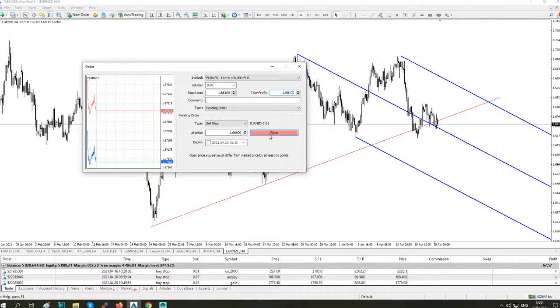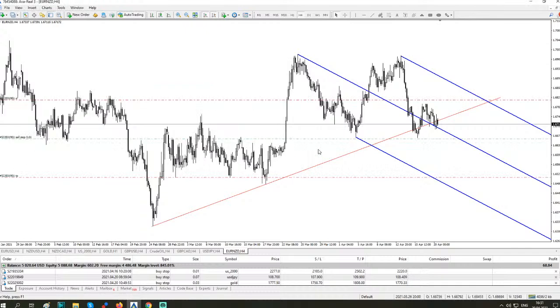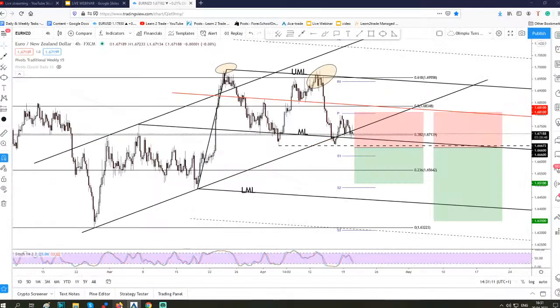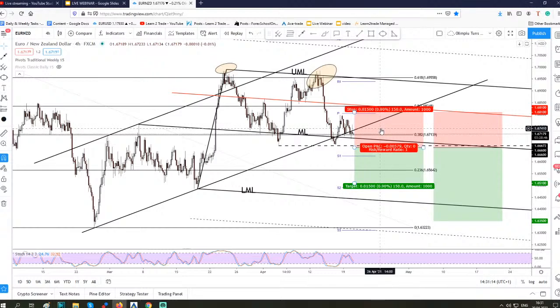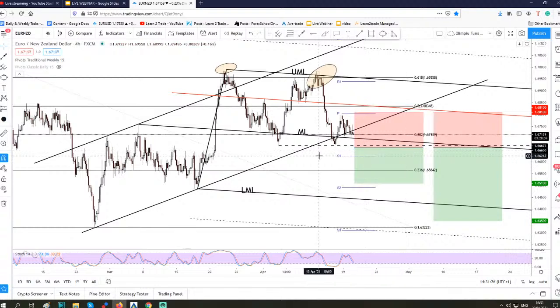So I will place this sell stop, and I will come back here, and as you can see, this is the first setup with a risk to reward of 1-on-1. So sell stop at 1.6660.